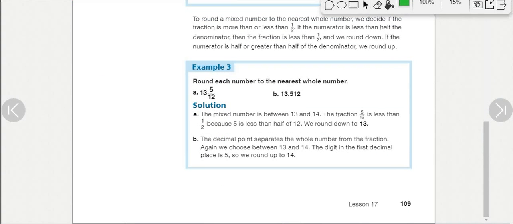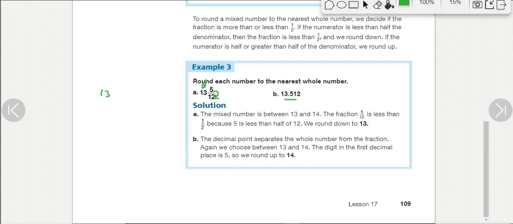If you have a fraction, you're just looking at, what do I do with this? Well, if the fraction is more or less than half. If it's half or more, then you round up. 5 is less than 12. So that means 13 stays, and we're done.